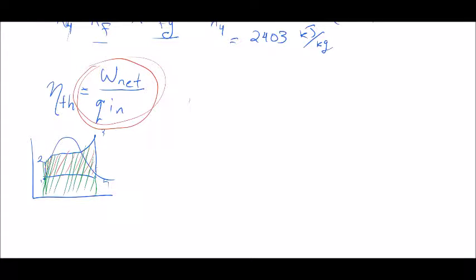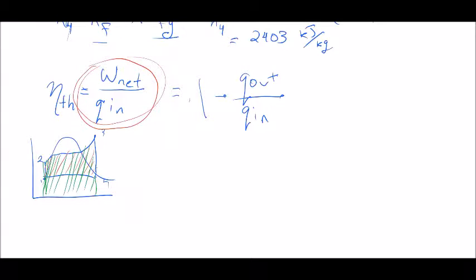But okay, we can equate the thermal efficiency to be 1 minus Q out over Q in. What that means is basically the efficiency of the entire system is the heat that you're rejecting from the system over the heat that you're bringing into the system, and you subtract that from 1. Pretty simple.